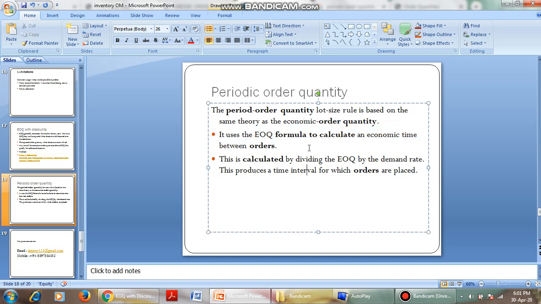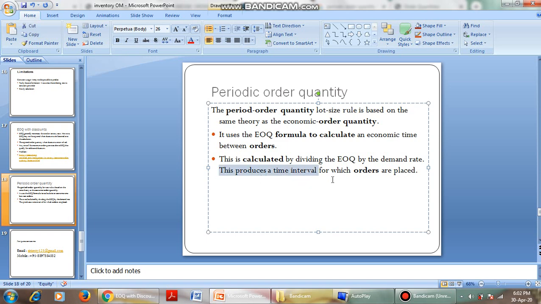Instead of ordering in lot sizes, order the quantity in periods, that is, in small intervals like 1 month, 2 months, 3 months. It is simply calculated by dividing EOQ by demand rate. So that we will get the periodic order quantity.